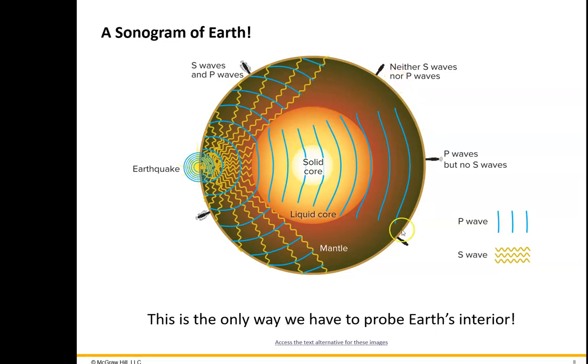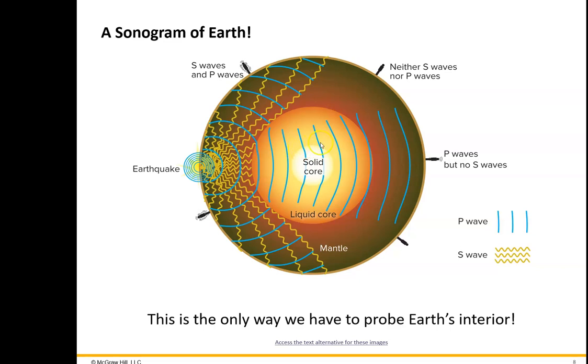And so we map these all the time. And so we have a really good picture, if you will, of what's going on inside the Earth. I mean, we know exactly how big this liquid core is.